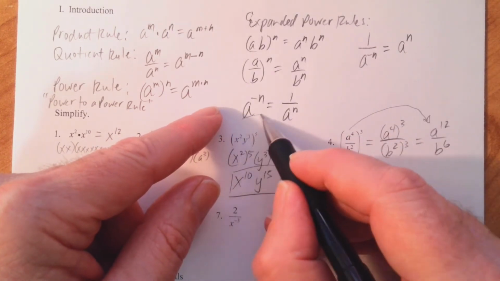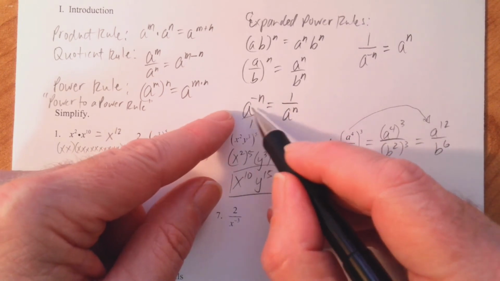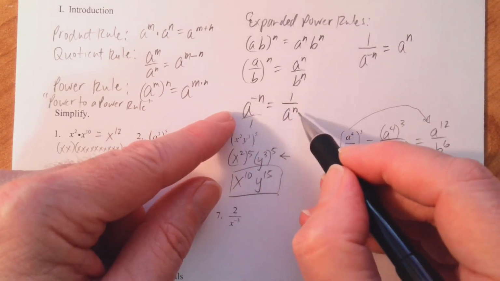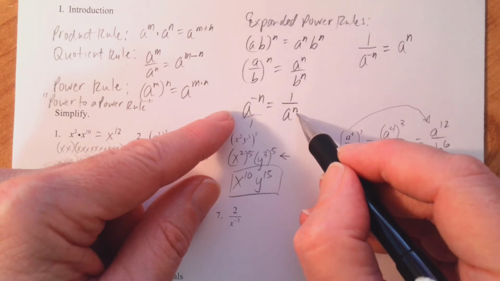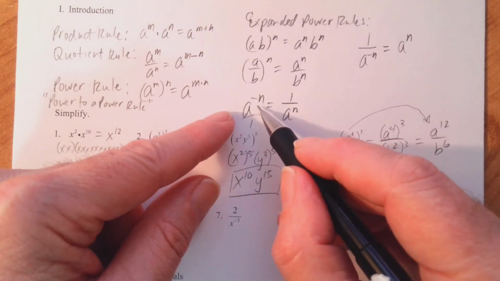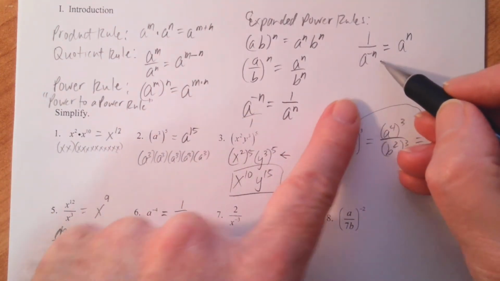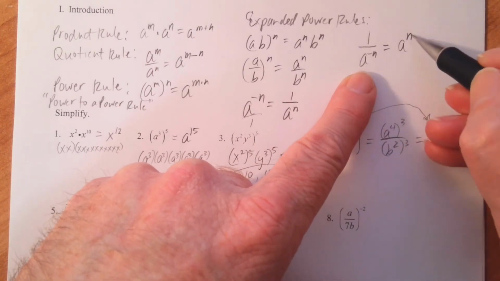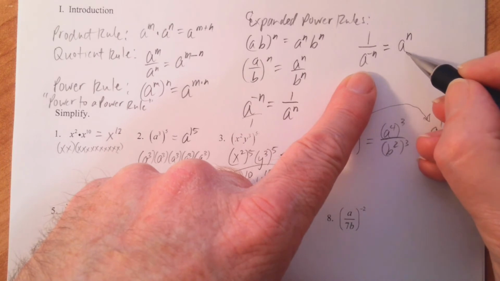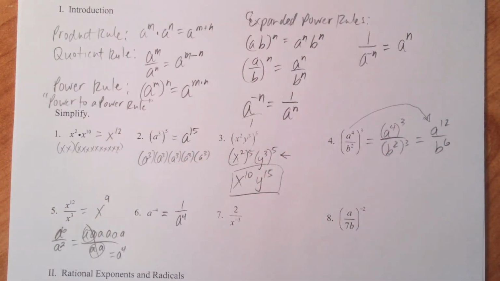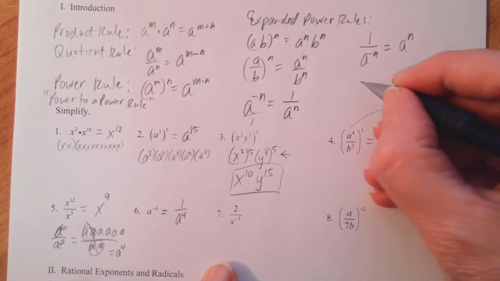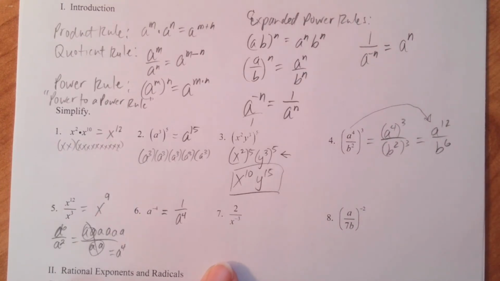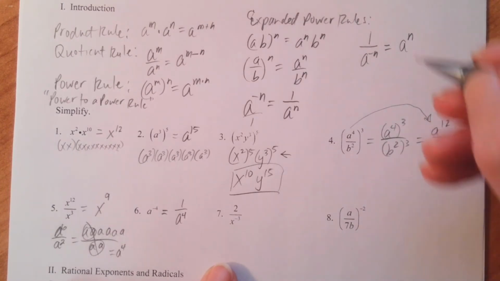Or another way to think of it is I'm moving this a downstairs and changing the sign of the nth power, the minus nth power. And here, because I have a negative exponent, I'm moving it up into the numerator and it becomes a positive n.